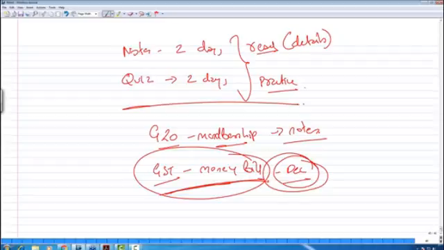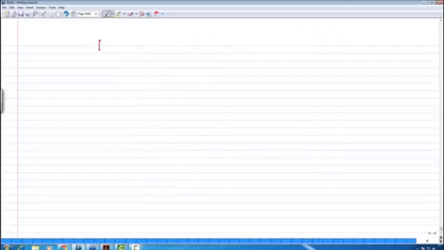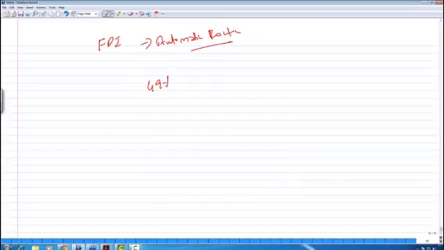Another question that has been asked is about FDI and automatic route. Now this is a very simple thing. All this means is that suppose there is an industry in which it is specified that till 49% is automatic route and till 75% is non-automatic.